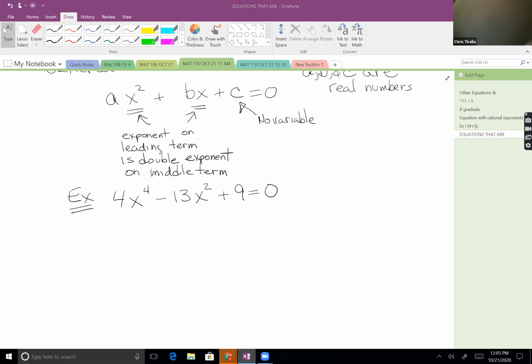And again, in order to use this, we want one side 0, and we want descending order.